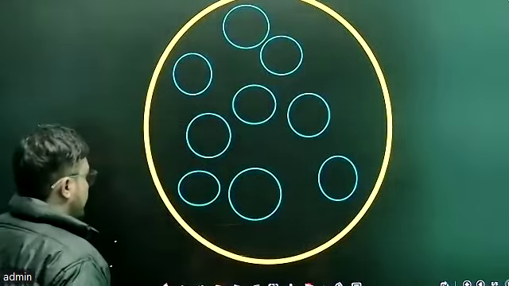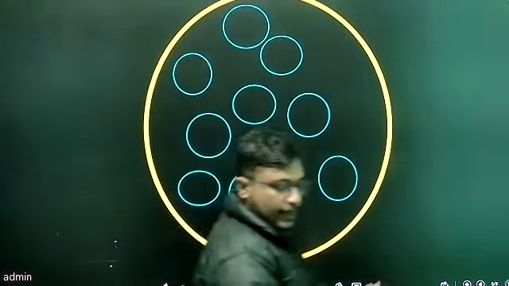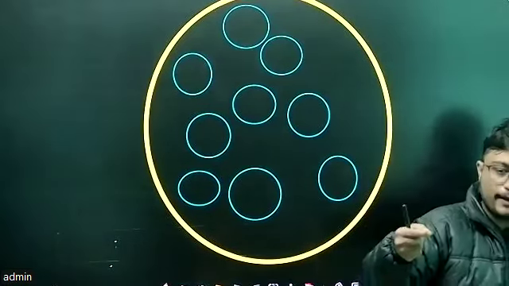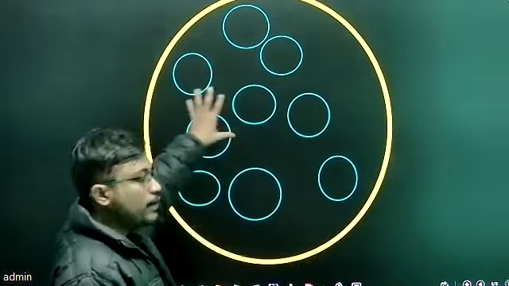Suppose I had taken a small muscle from the body, cut it, placed it inside the microscope and given a 10x zoom, and then I'm seeing the muscle. So the muscle will look like this.